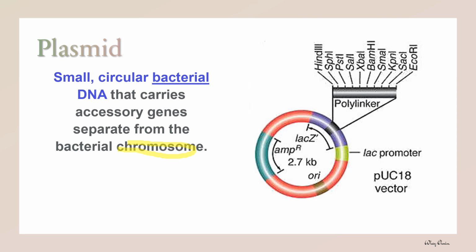Another one is small and in circular form, which we call the plasmid. So the popular example of a plasmid used as a cloning vector is pUC18, which carries the accessory genes, meaning the genes of ampicillin resistance and also the lacZ gene here.